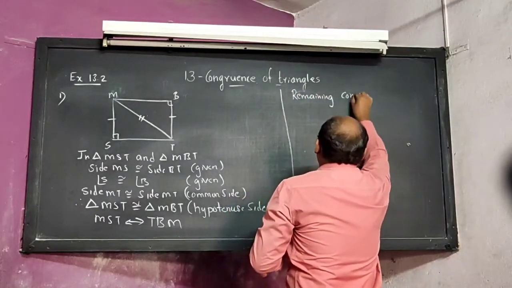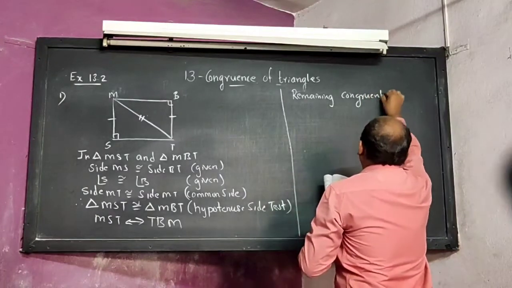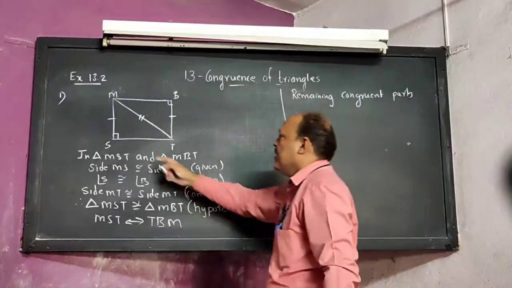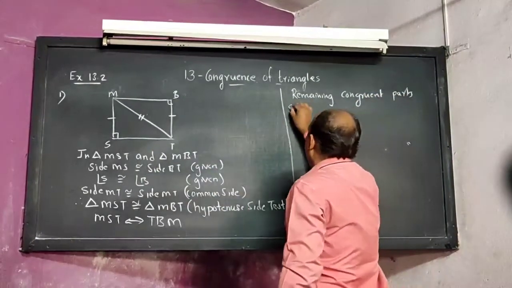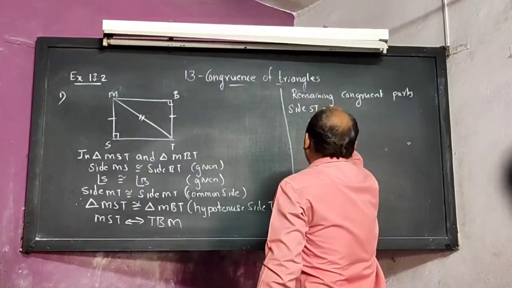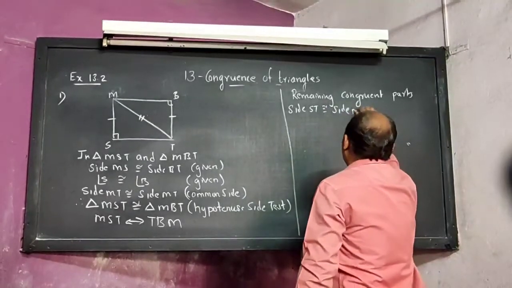So your remaining congruent parts will become: already 2 sides have been written, that means the third side will be side ST congruent to side MB.